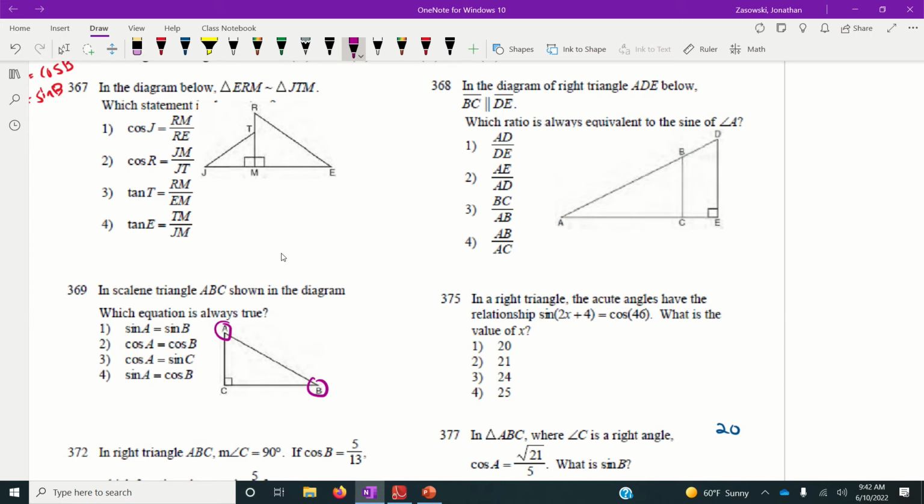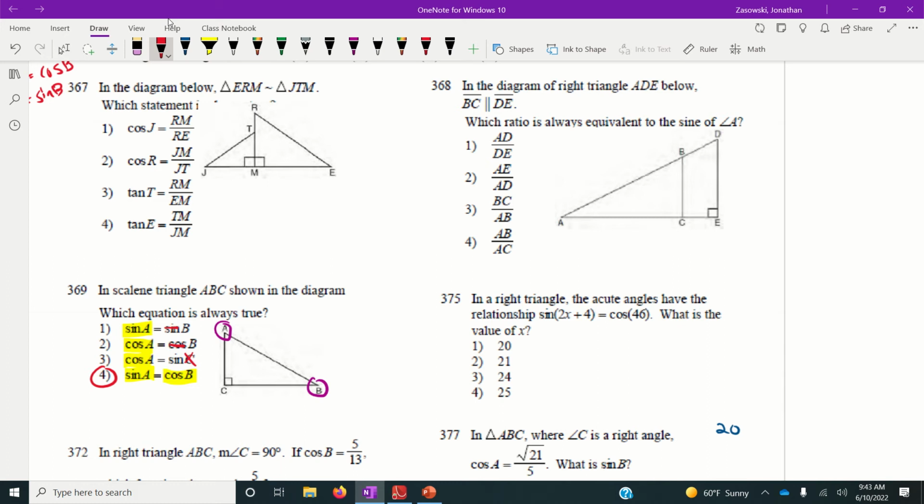So we would want to look to make sure it says sine of A and then cosine. That one doesn't say cosine of A and then sine. That one doesn't say cosine of A and then sine, but this is angle C. We don't want to use that. So here is one we want to pick where it's sine of A and then cosine of B. We don't want this to be sine, we wouldn't want this to be cosine, and we wouldn't want this to be the right angle. So we want to choose number 4.